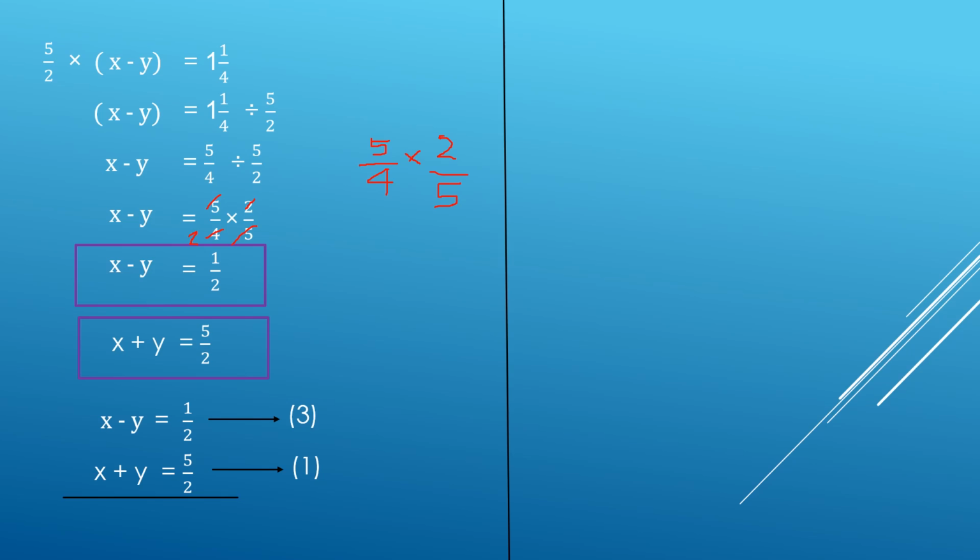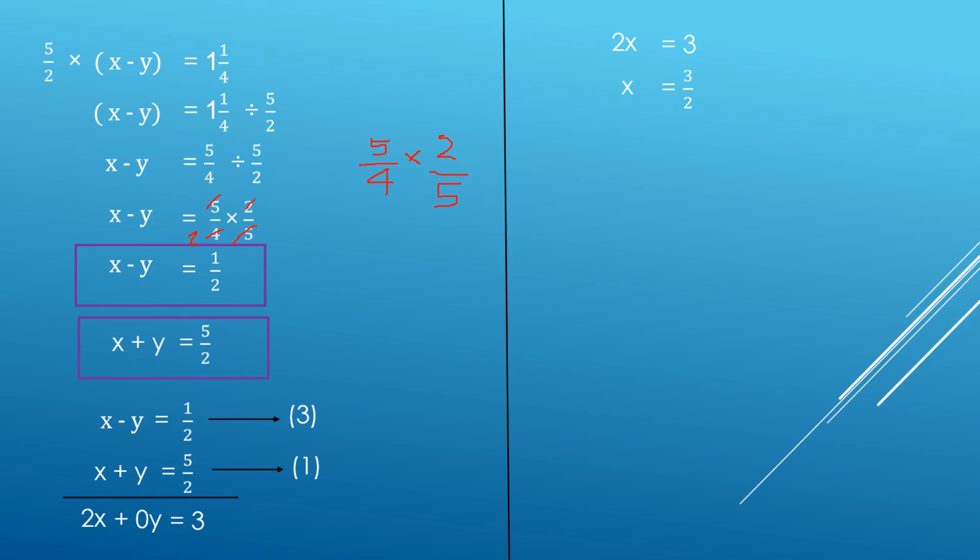Okay, now tell me each step. First term will be 2x. Second term will be 0y. Third term will be 1 by 2 plus 5 by 2. That is 6 by 2, isn't it? That is 3. So we got 2x equal to 3. Now what will be x?